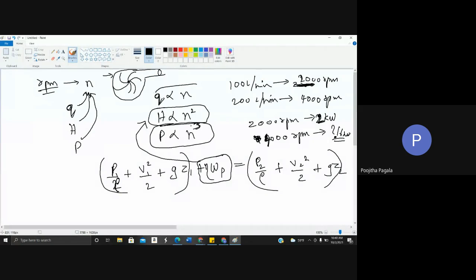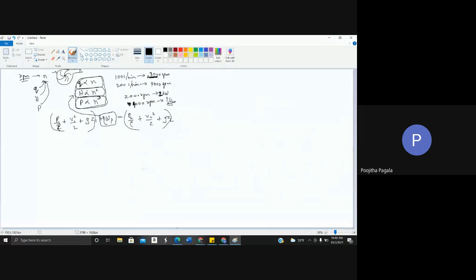So you need to remember these. These are known as the pump scaling laws. In order to remember them, you can use a sentence: very hard problems are as easy as 1, 2, 3.